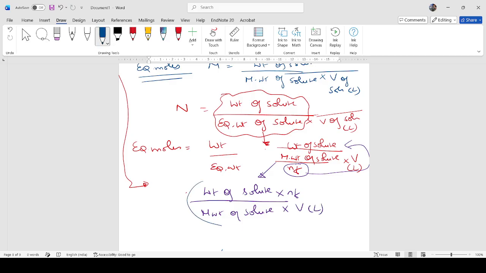Have you seen this equation already? Is this molarity? Yes. So molarity into n factor is nothing but equal to normality.